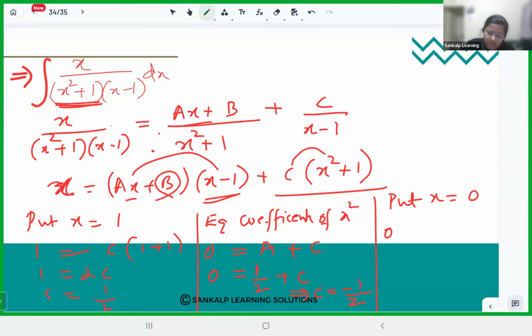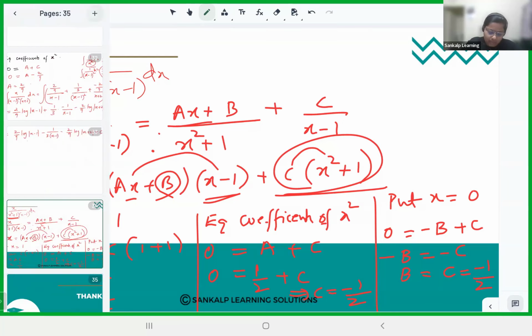Then 0 minus 1 is minus 1, so it is equal to minus B. Now if you put 0 here, 0 plus 1 is 1, and 1 into C is C. So minus B plus C. So this is actually minus B equal to minus C, which means B equal to C. And C we have got as 1 by 2, so B is also 1 by 2. So we have got all the values A, B and C.